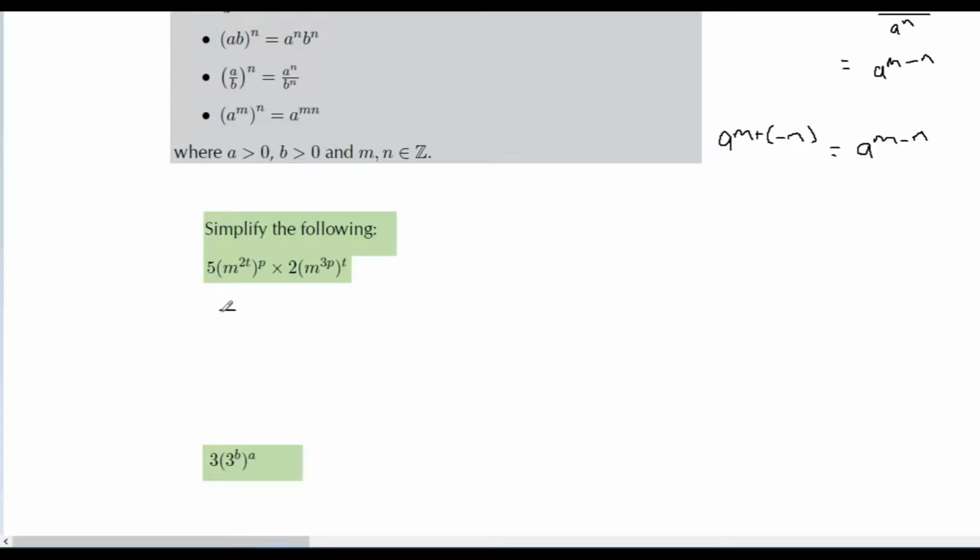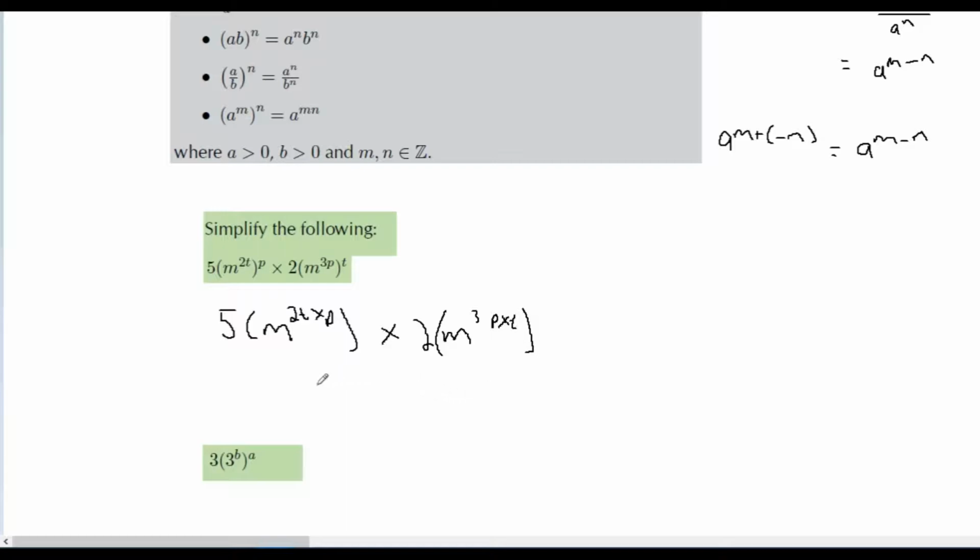So we're going to be left with 5 times m^(2tp) on the outside. But remember this is on the outside of our bracket, so we're going to multiply p by 2m, and 3p multiplied by t.